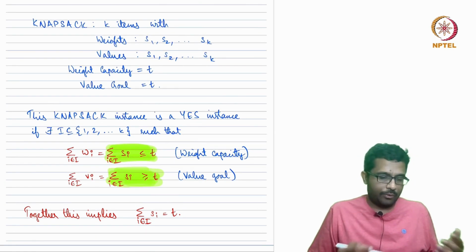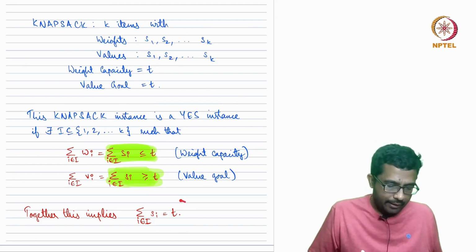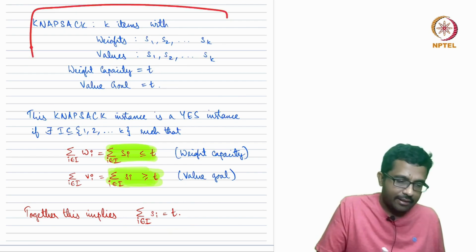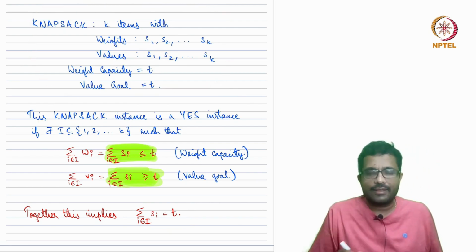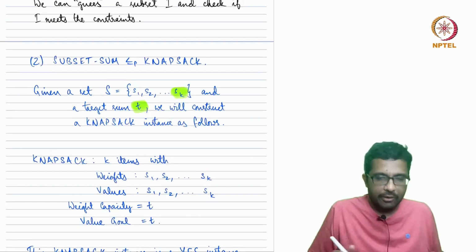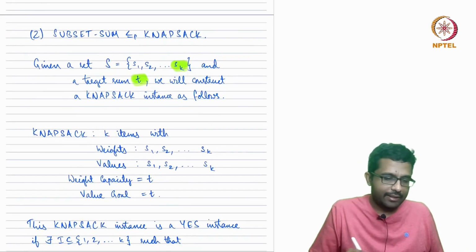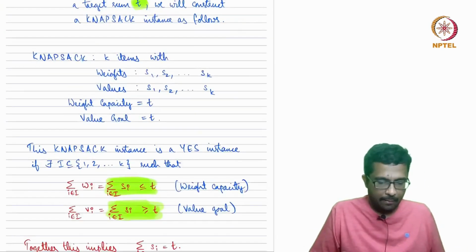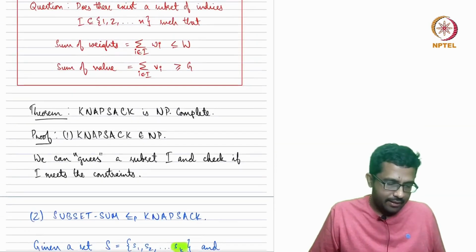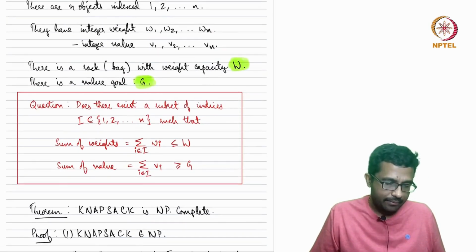If there is a subset with the target sum, the same subset will be a yes instance of the knapsack also. It's fairly straightforward. It takes polynomial time to write down this instance. That shows that subset sum reduces to knapsack, and that completes the proof. Hence knapsack is NP complete.